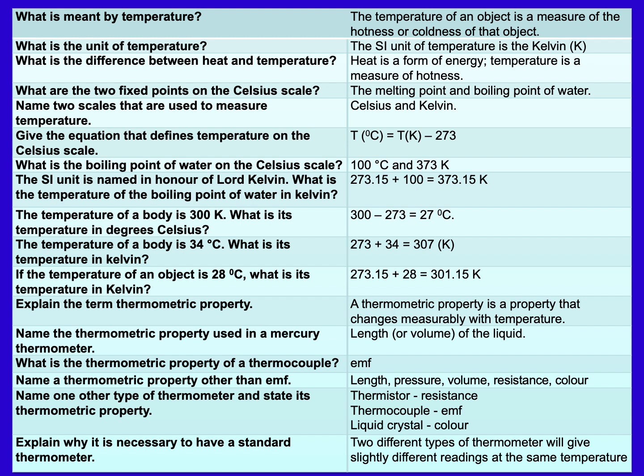Length, pressure at a constant volume, volume at a constant pressure, resistance or colour. And then name another type of thermometer and state its thermometric property. So if you were naming, for example, a thermistor, its thermometric property would be resistance.